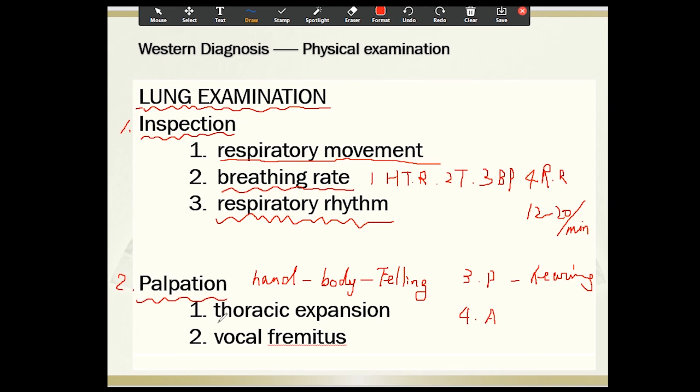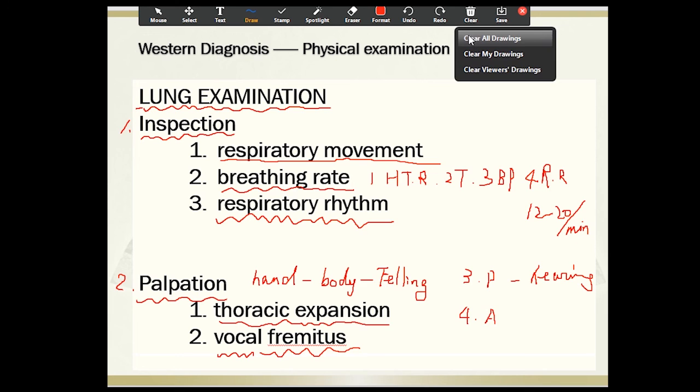We can feel the chest changing or expanding following the patient's respiration. And we can also feel the fibers from the patient's sounds. When the patient speaks, we put our hand on the chest area, and then we can feel the fibers. That's the palpation part.